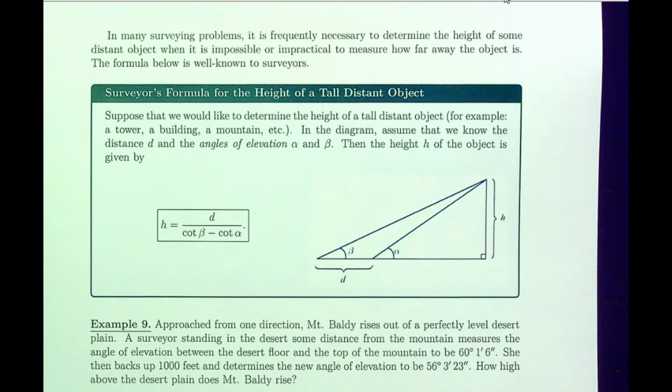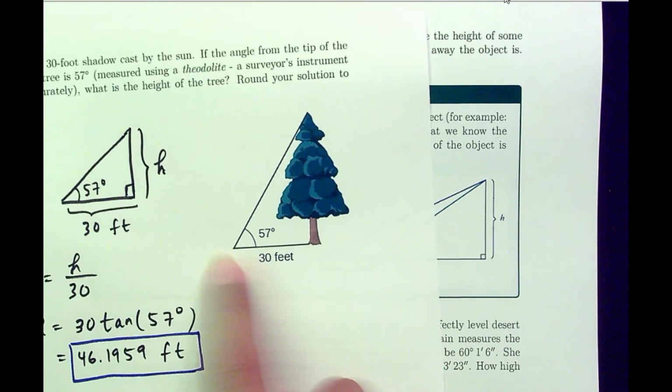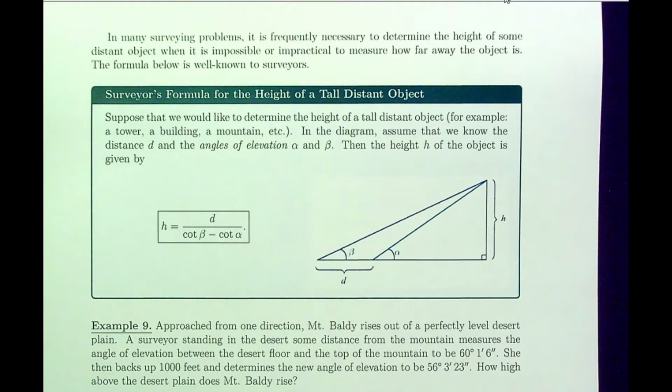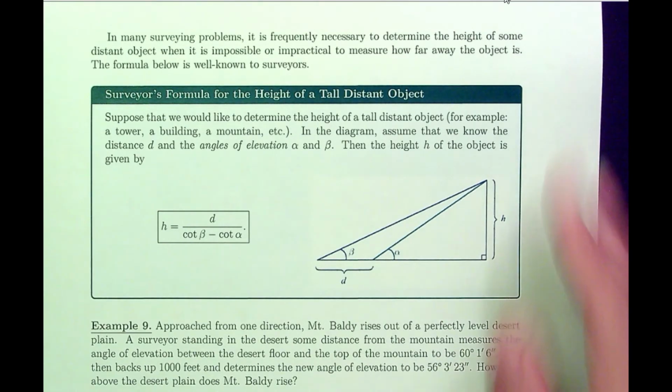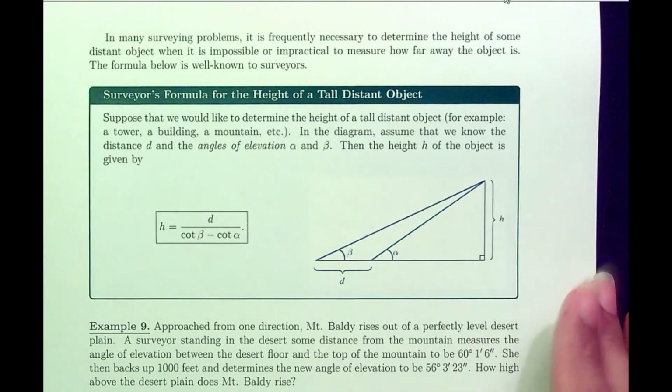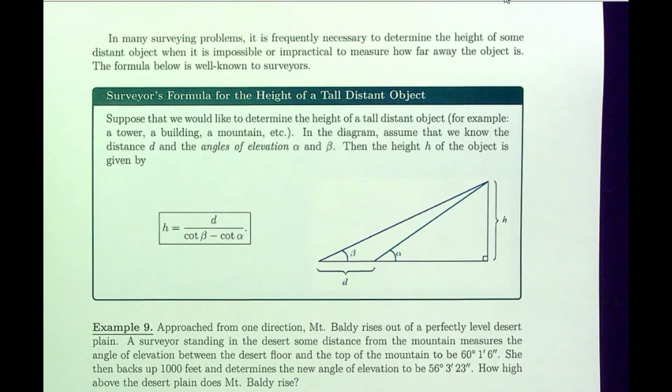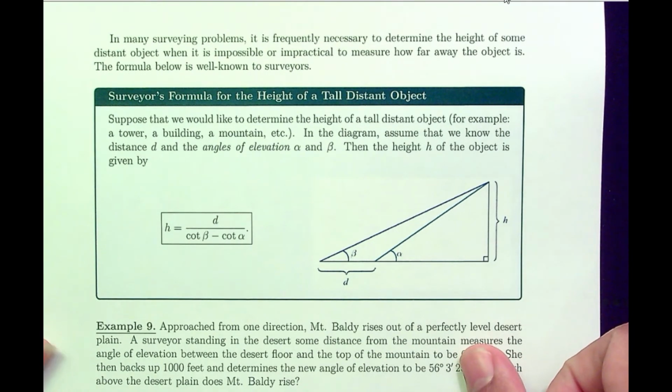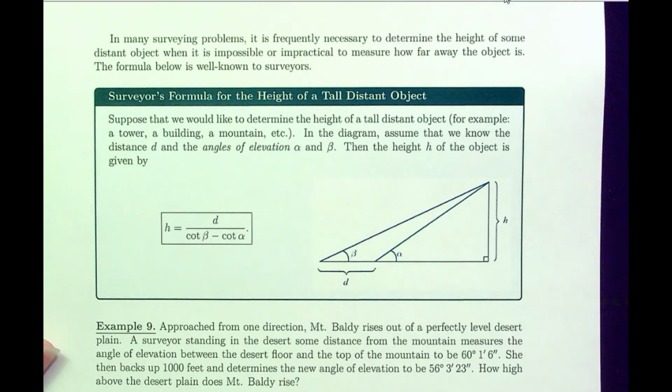In the case of the previous example, which is just a shadow, that's easy to measure, from here to here, 30 feet, that's not difficult. But if the distance is far bigger, that would be impractical or even impossible. So, how do you figure out the height of the object in that situation?